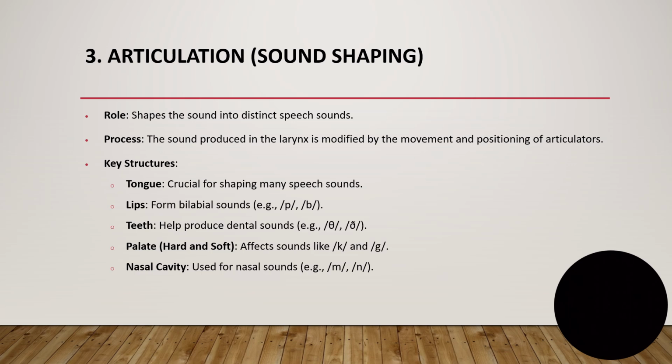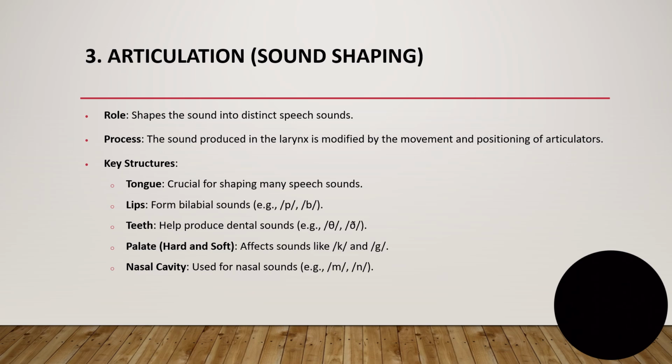The third stage is the articulation stage, or sound shaping. It shapes the sound into distinct speech sounds. The process here: the sound produced in the larynx is modified by the movement and positioning of articulators. Key structures here: we have the tongue, which is crucial for shaping many speech sounds.